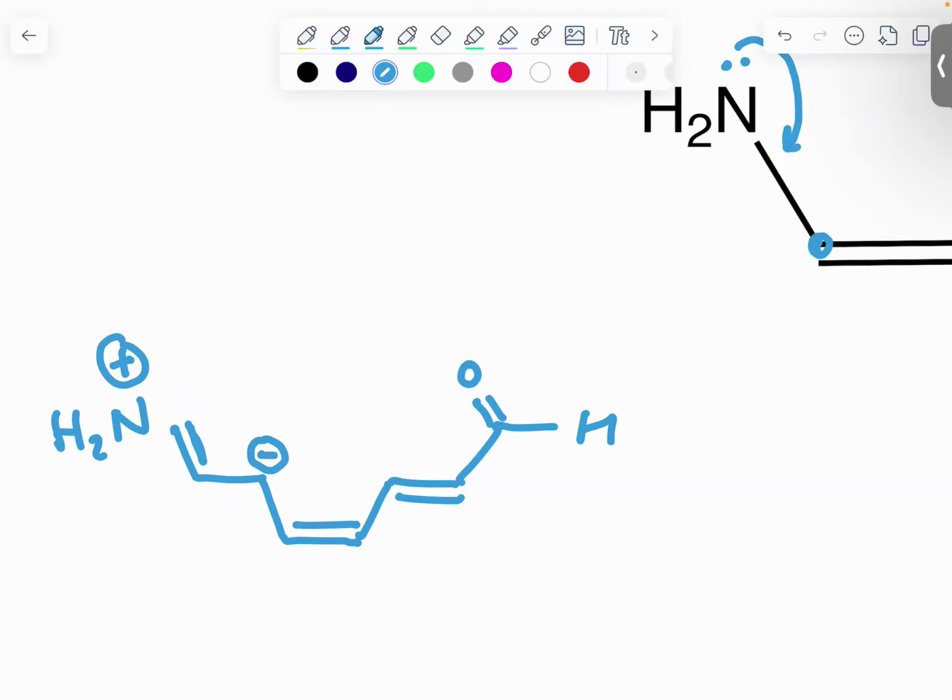We're then going to continue doing that until we hit the end. So we're going to take our electrons, push them down to make a double bond. This carbon is now overloaded, so it will push its electrons onto its neighbor.